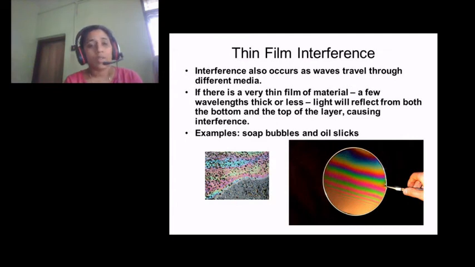Greater thickness spoils the coherence of the light needed to produce the color. So there should be a minimum thickness for the soap bubble or oil patch so that the thin film interference pattern can occur.